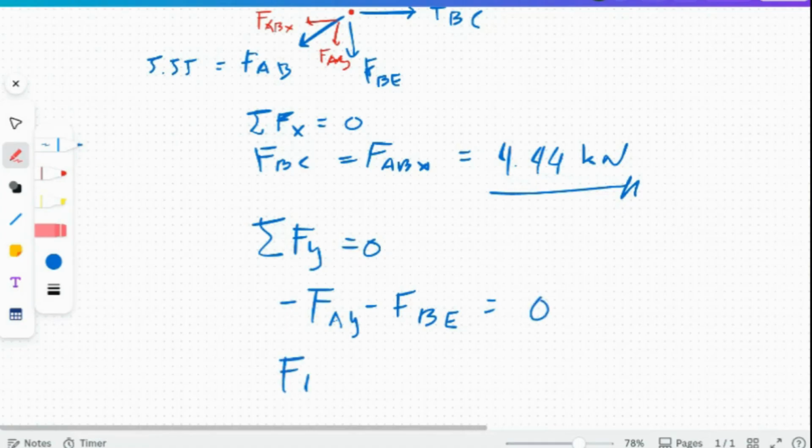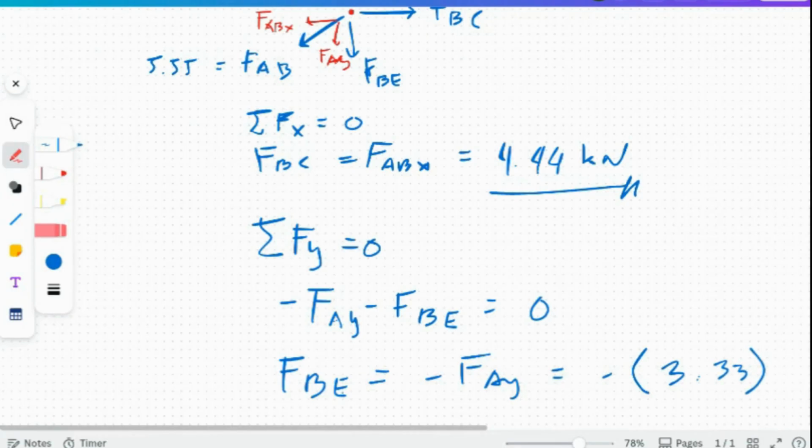Now, if you try to put FBE here, you will end up with a negative; let's put a parenthesis on that because it's a variable. So FAY is actually sine, so that's 3.33.